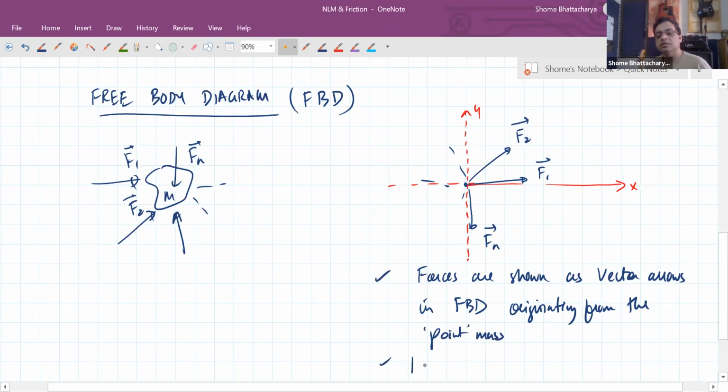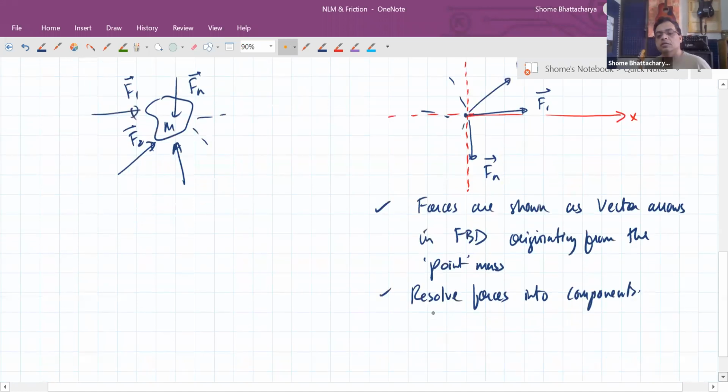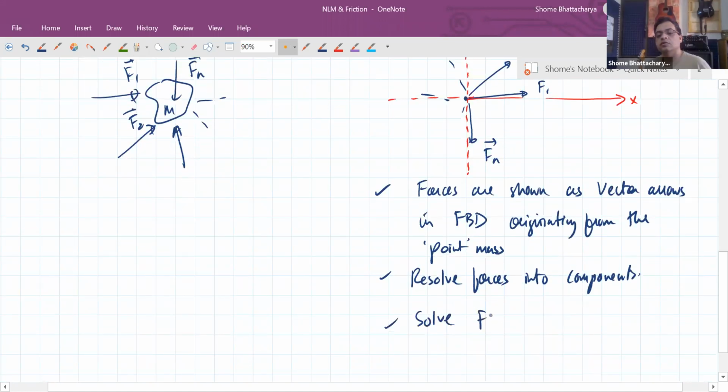Then next, resolve the forces into components. Okay. And finally, solve this equation in component form.